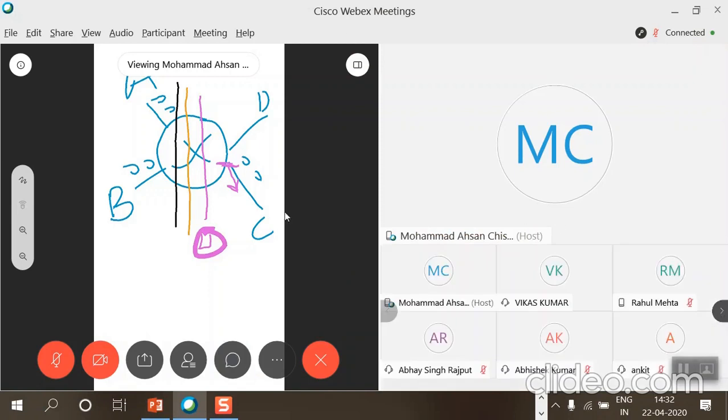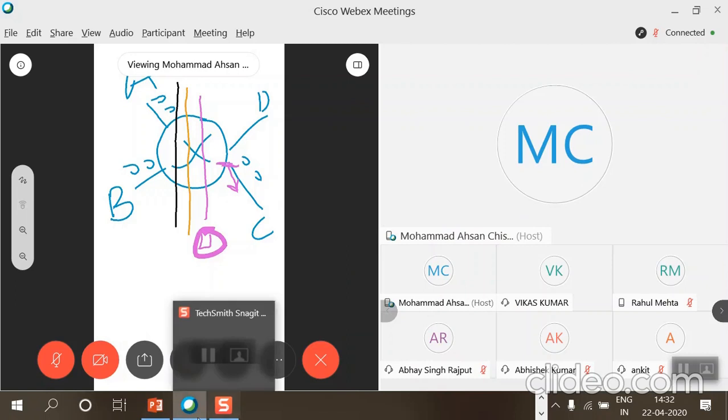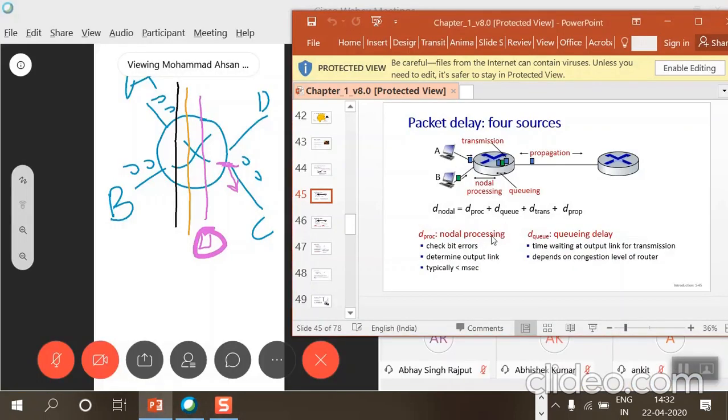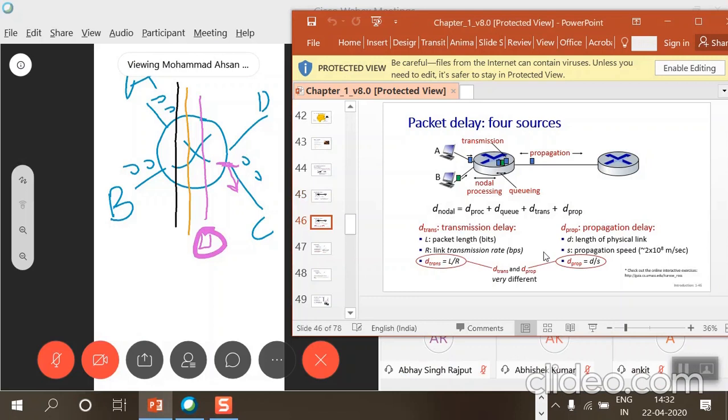and the last delay that we come across here is propagation delay. As the name itself would say, propagate. Now our packet has reached this link.